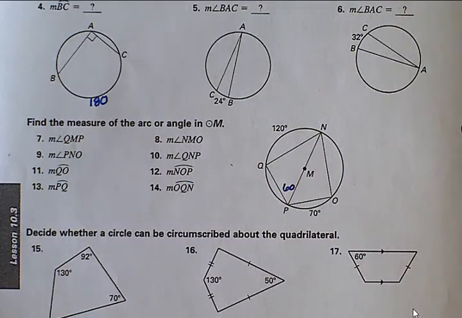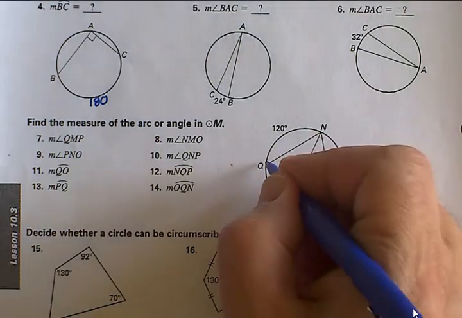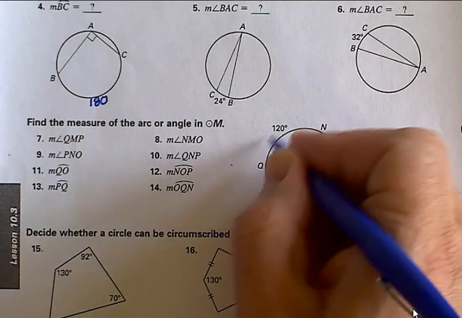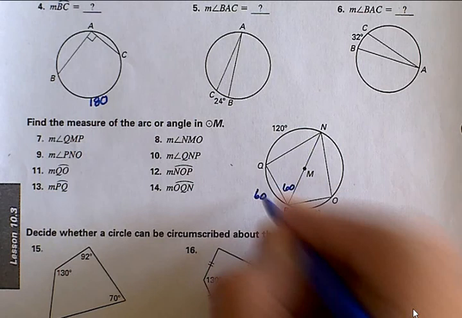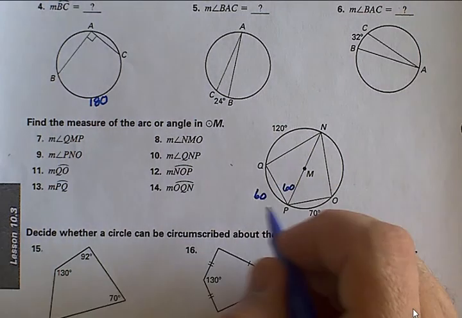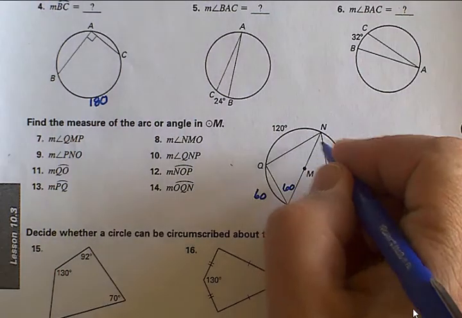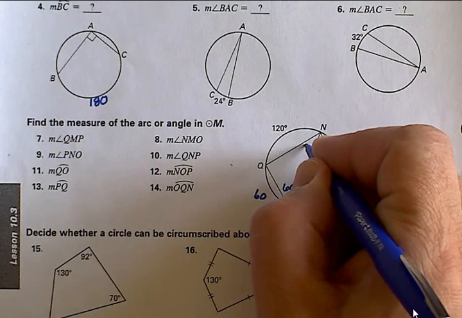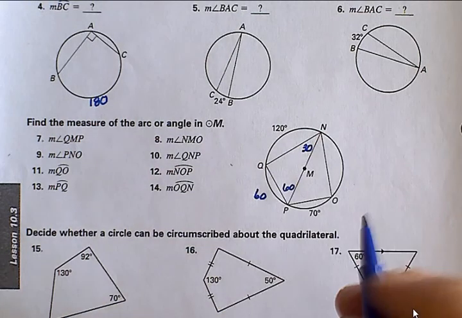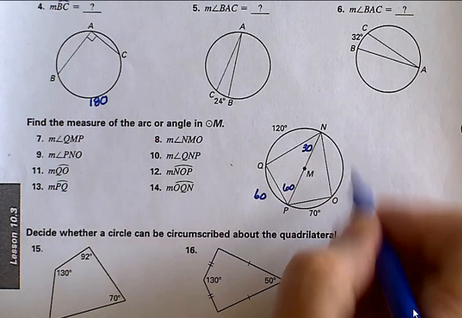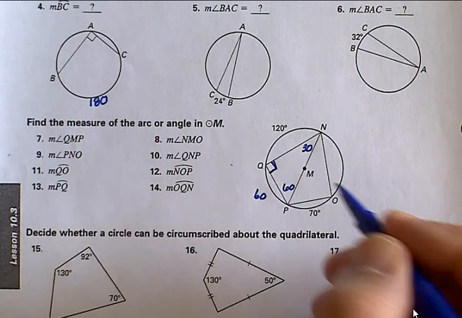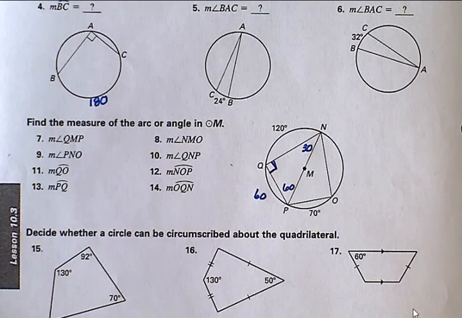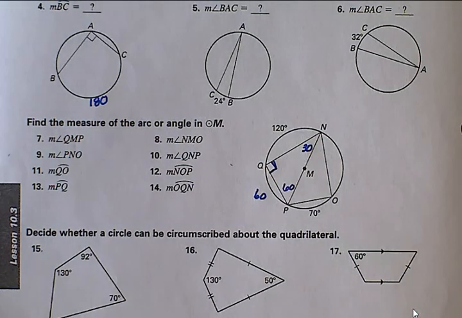And if this is 120 and this whole thing is 180, that means that this is 60, and then half of that would be 30. And since this is a semicircle, this is going to be a right angle. It cuts off a semicircle, so it's 180. Half of 180 is 90.